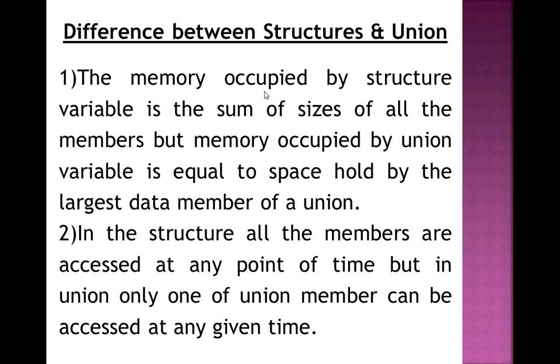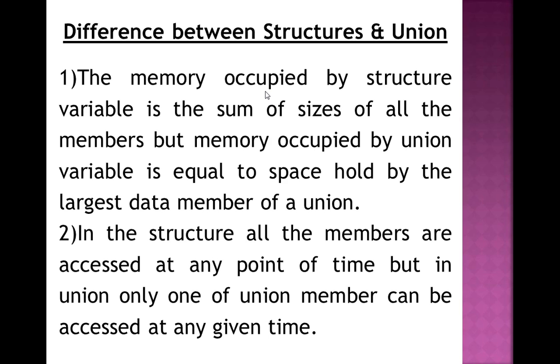But the memory occupied by a union variable is equal to the space held by the largest data member of the union. So in a structure it is the sum of the different sizes of the members, but in a union it is equal to the space held by the largest data member.